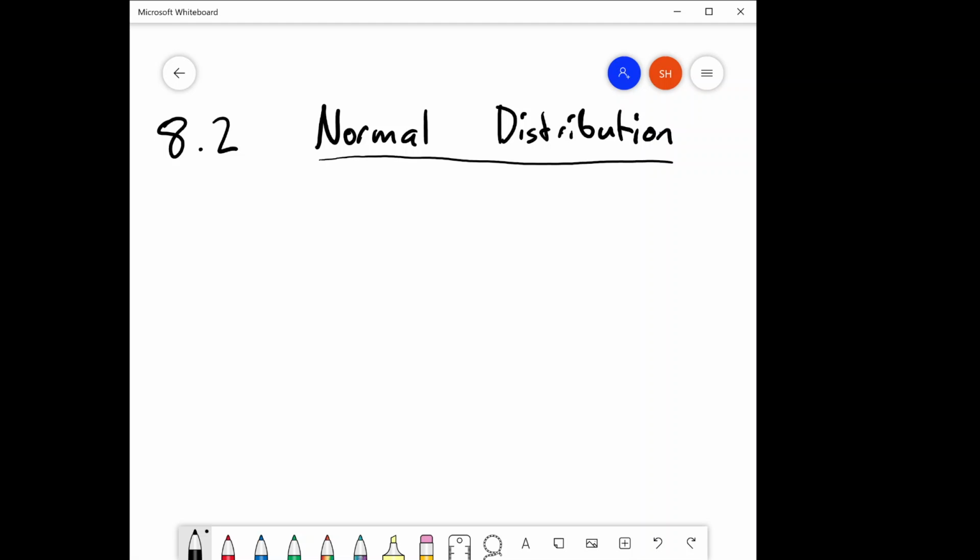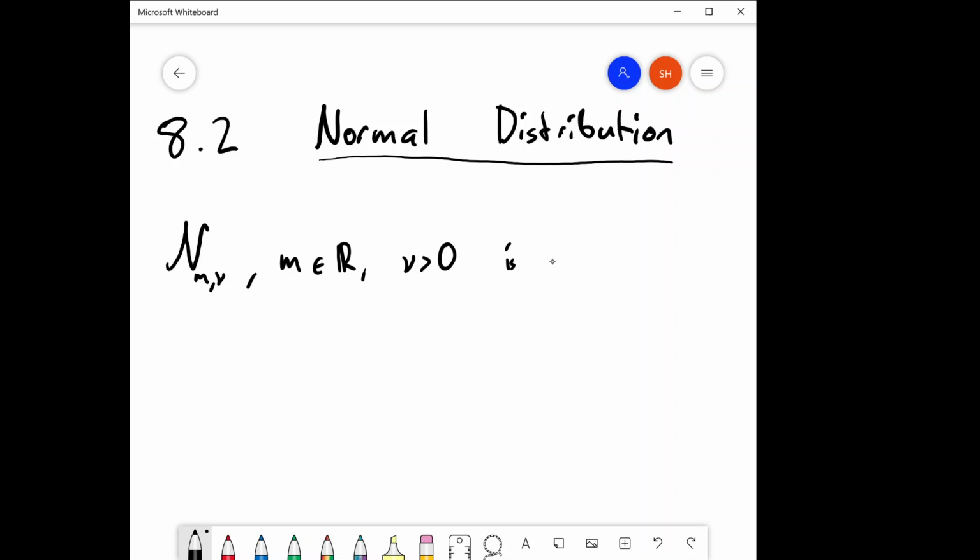Okay, so the normal distribution, we denote it with this curly N, with mean m and variance nu, which you don't need to know what they mean yet, where m is in R and nu is greater than 0.